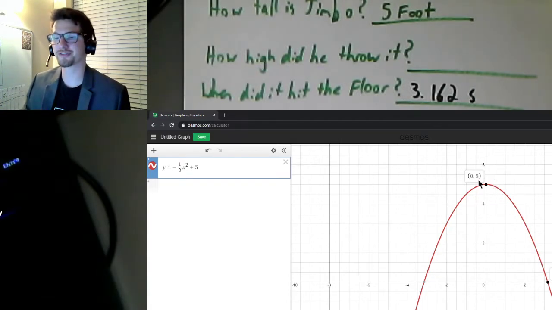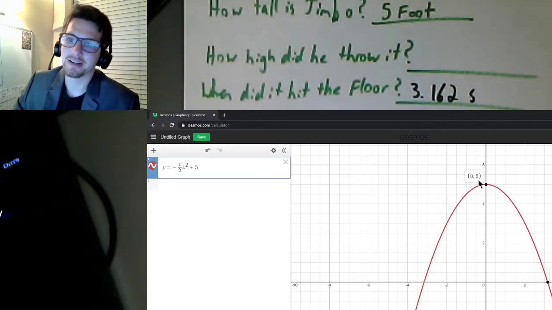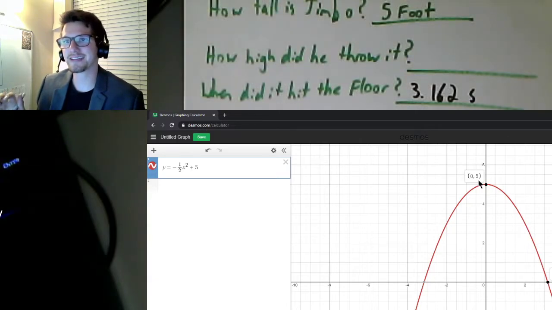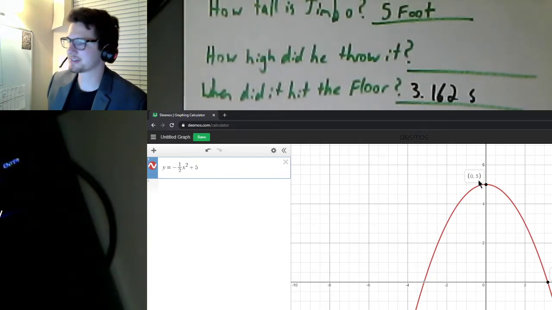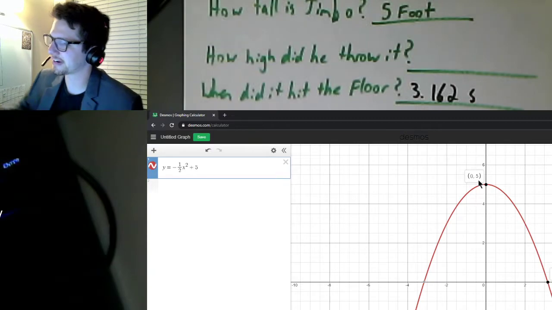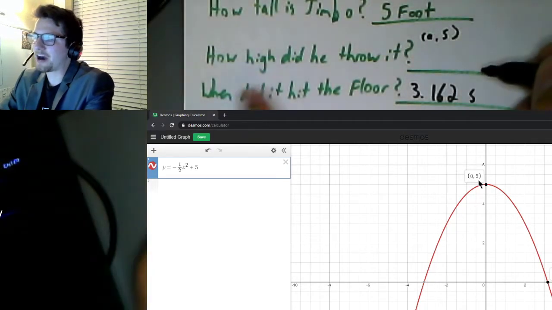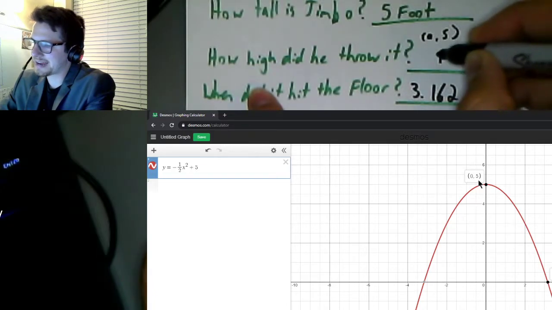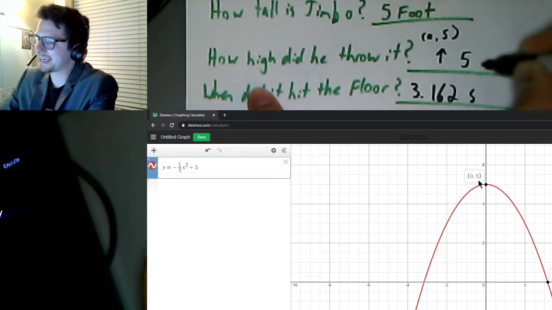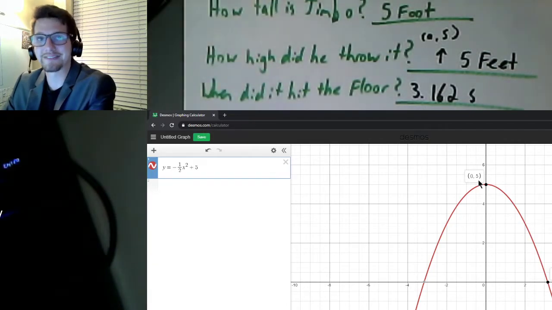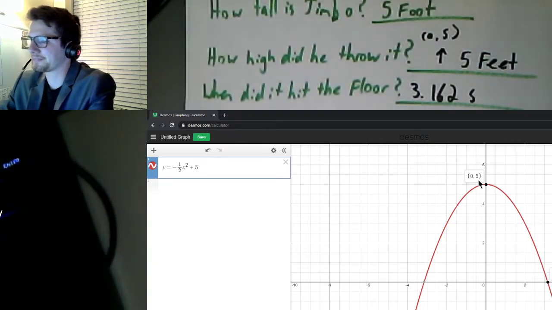Now, if you look at your notes from just the other day, the vertex is what gives us how high the max height is and when the max height happens. So I have 0, 5. How high is going to be that number? So the highest this went was 5 feet. Apparently, he's a pretty bad throw, and he didn't even lob it. He just threw it straight ahead.